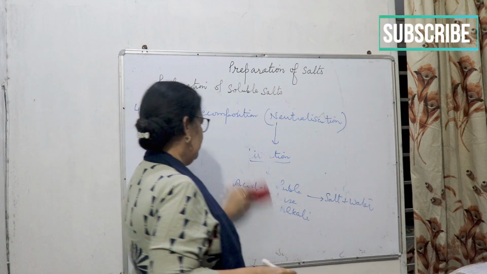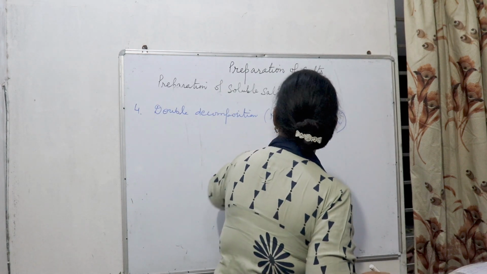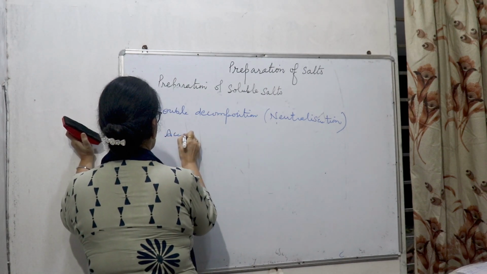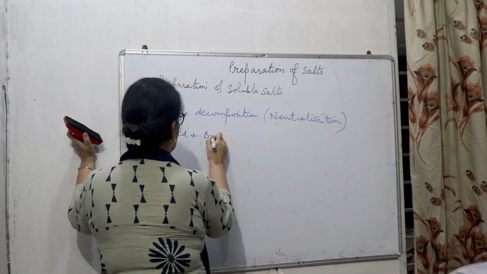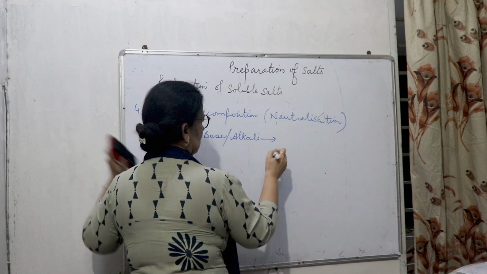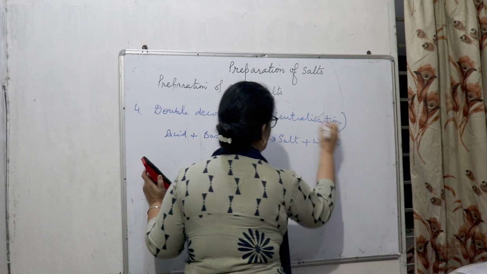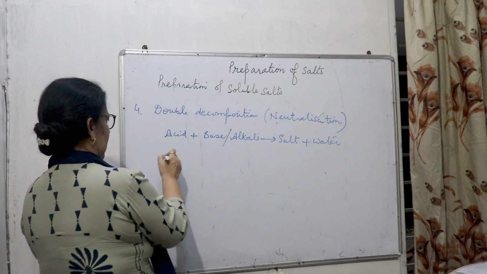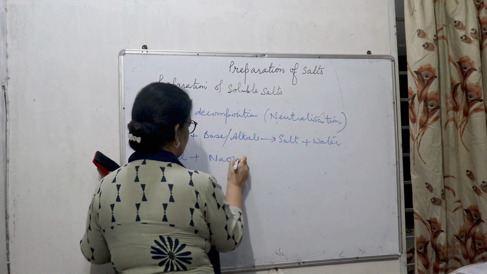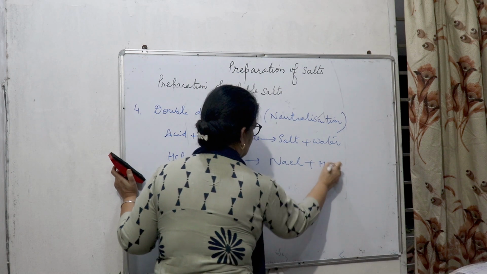Let us do some examples. Acid plus base or alkali gives salt plus water. Acid, that is HCl, base, that is NaOH, which is an alkali, gives NaCl plus water.